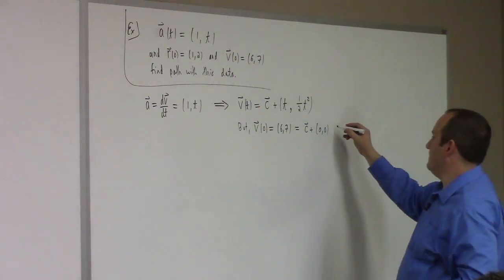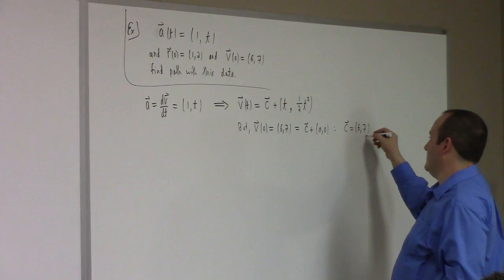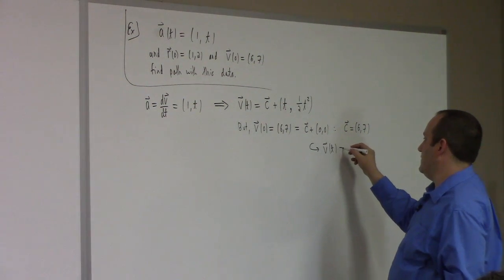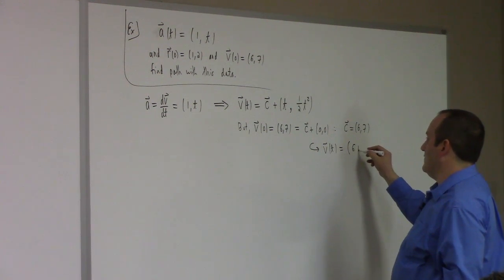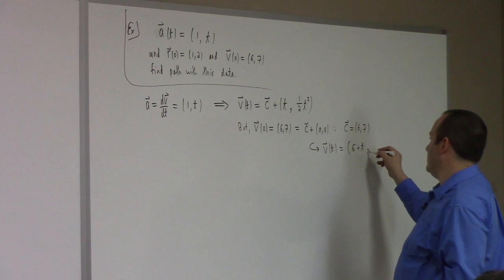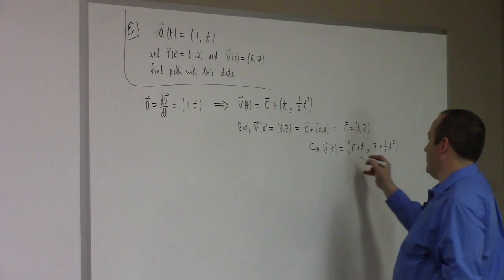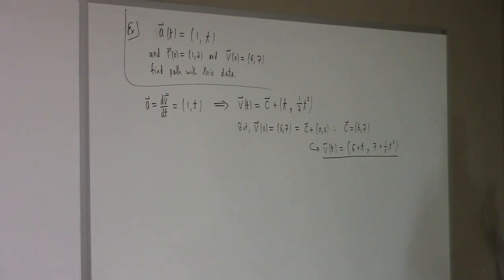It says my constant vector of integration was actually 6, 7, and that gives me, finally, the velocity as a function of time, and here I think it's helpful to bring stuff together: 6 plus t, 7 plus 1/2 t squared. So there's part of the answer. There's the velocity as a function of time.